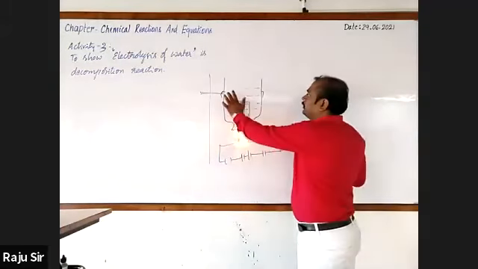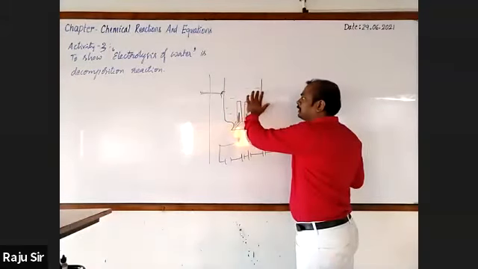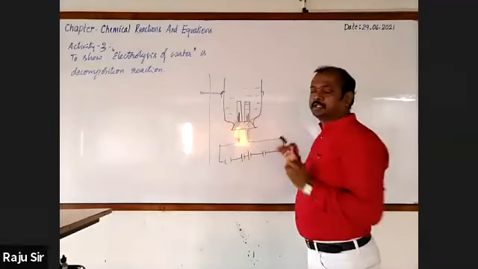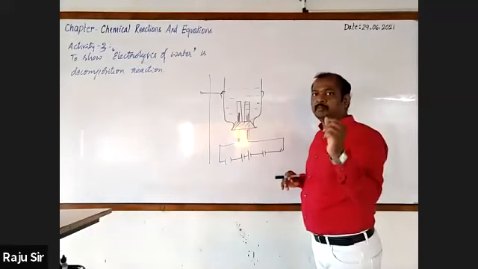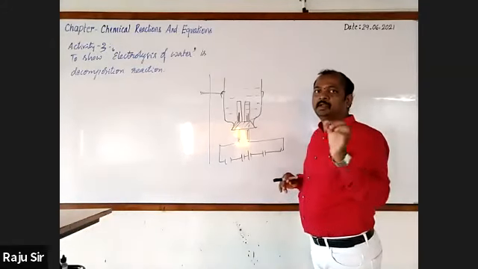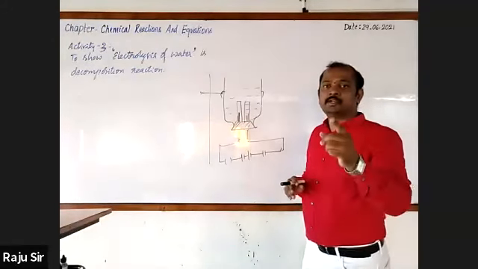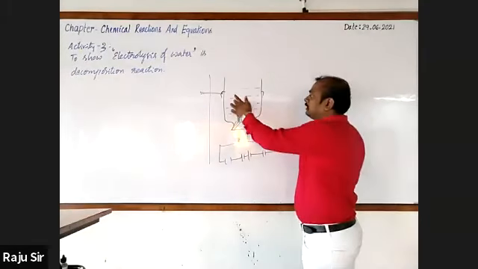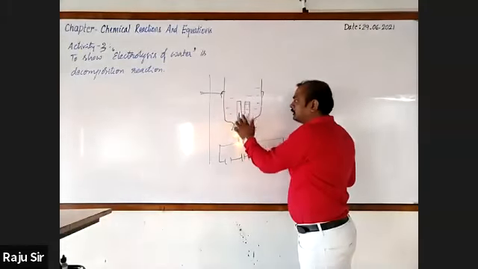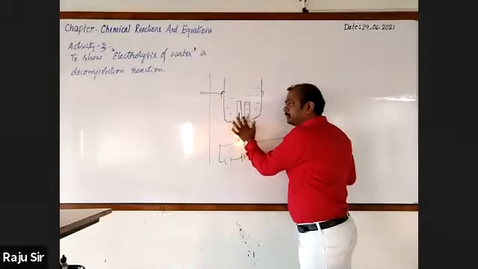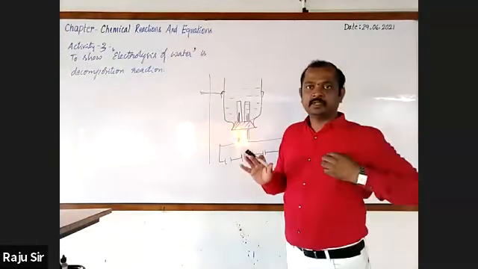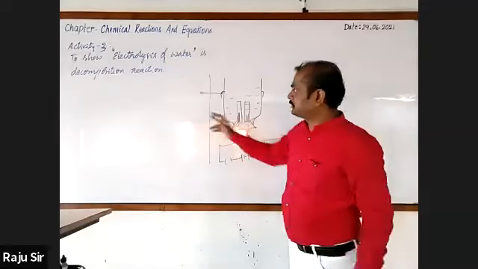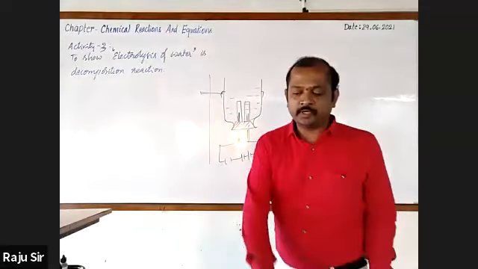Next, fill 3/4 of the glass bottle with water. Another point, take two test tubes, mark them as A and B. Fill them with distilled water. Then place them invertedly to cover each graphite rod. This much is the experimental arrangement. Now with respect to that, I'm going to draw the figure neatly.